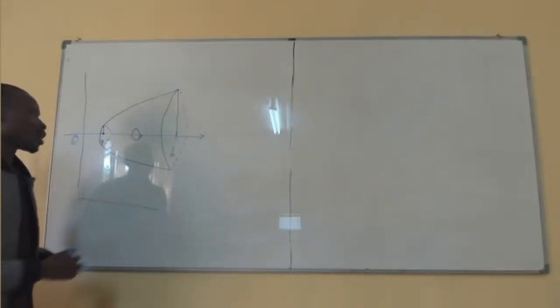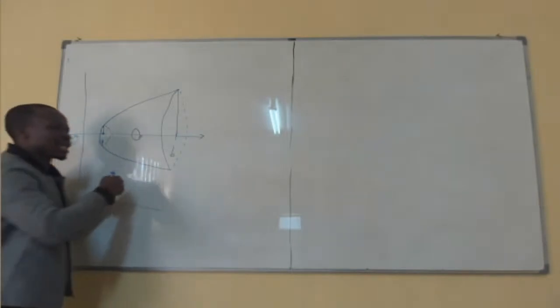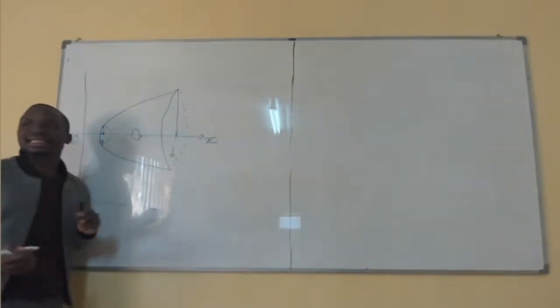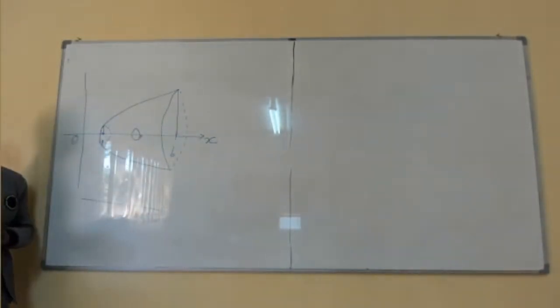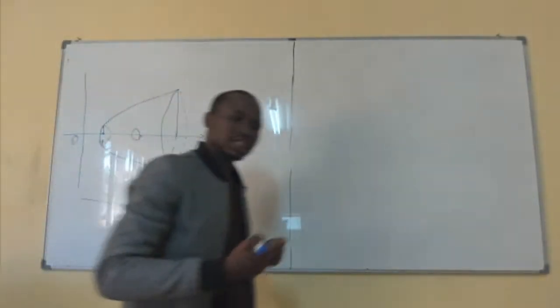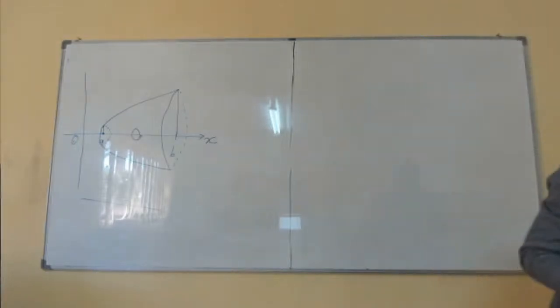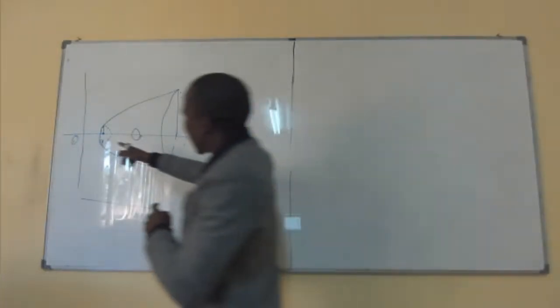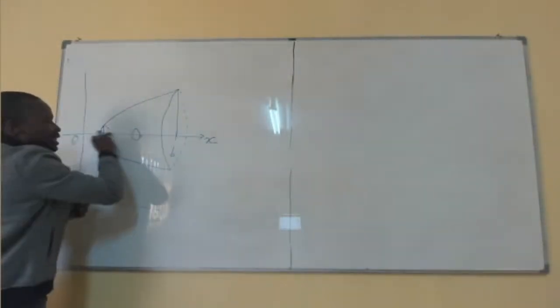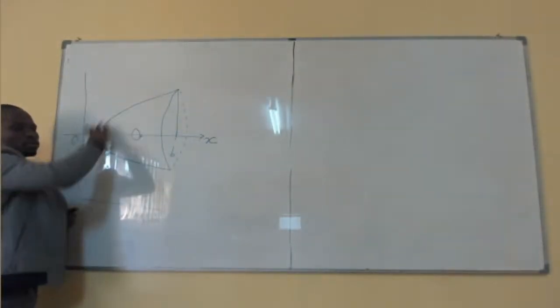Now, when you have such a situation, this x-axis is an axis of symmetry, and any cross section perpendicular to the axis will be a circle. This line is in the middle of this object.